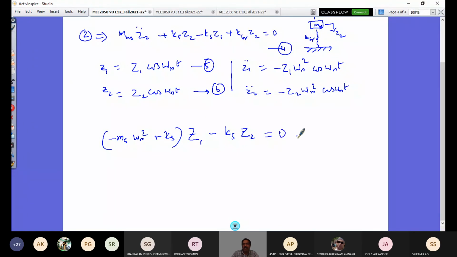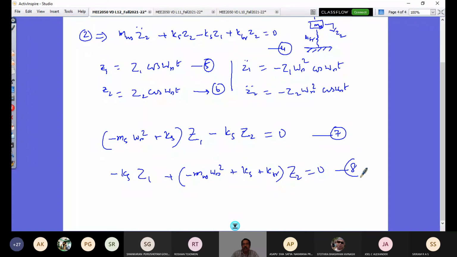This is my equation 7, and then I will have my equation 8 as minus KS Z1 plus minus MUS omega n square plus KS plus KTR into Z2, equal to 0. That's my equation number 8. So substituting this trial solution, which is a harmonic function, into my two governing equations, because of the 2-degree-of-freedom model, I get this equation now.